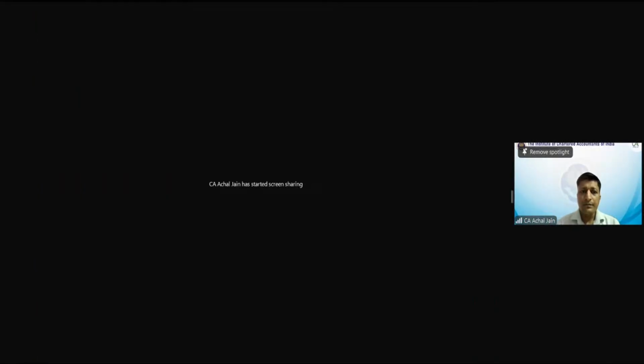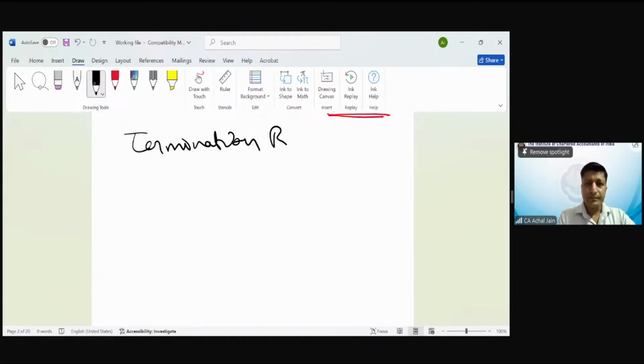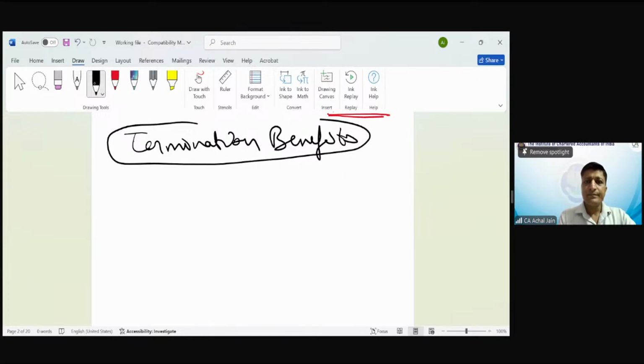Now, in relation to termination benefits, the standard says a couple of things. First of all, this termination benefit got to be approved.